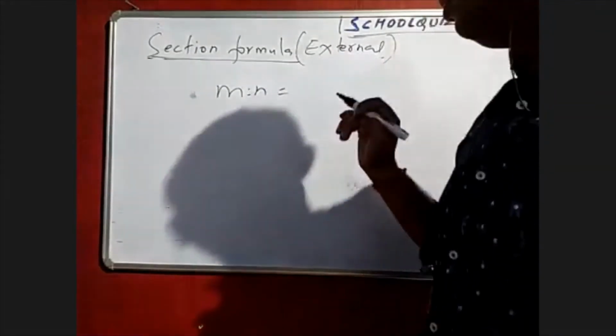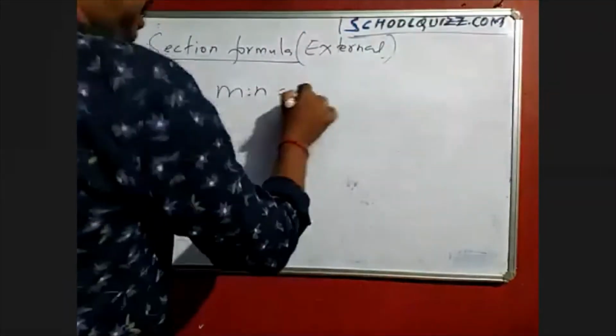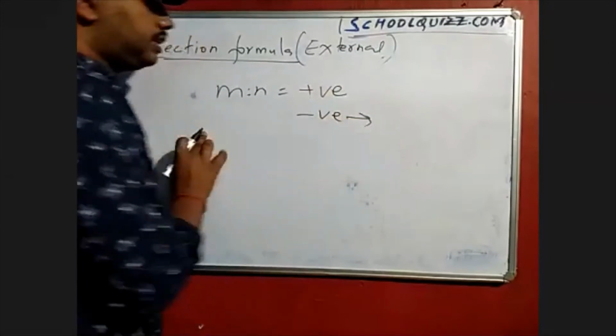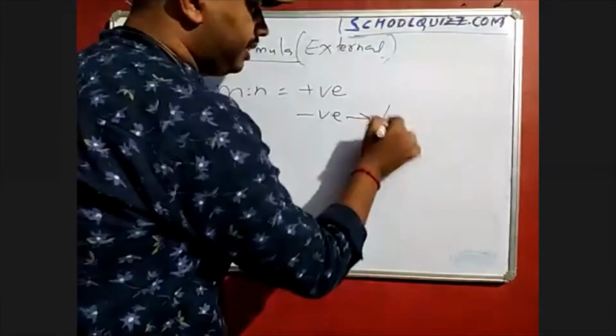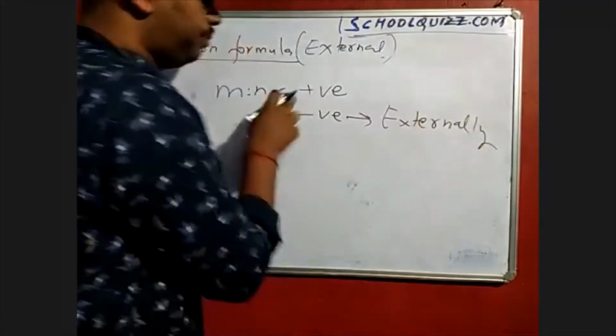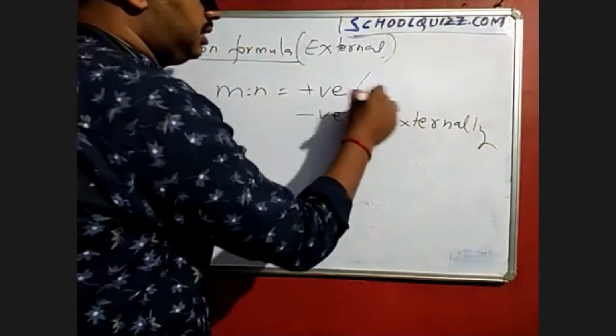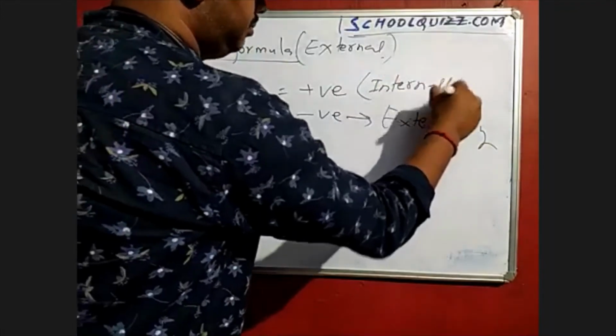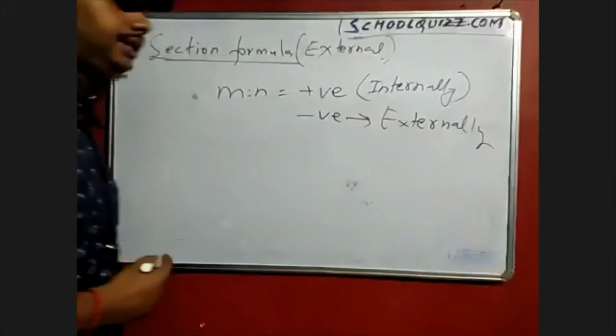By seeing the positive or negative ratio. If you are getting a negative ratio, you can say it is dividing externally, or if you are getting a positive ratio, that is dividing the line internally. So these are the things about internal and external division, and finding the coordinates.